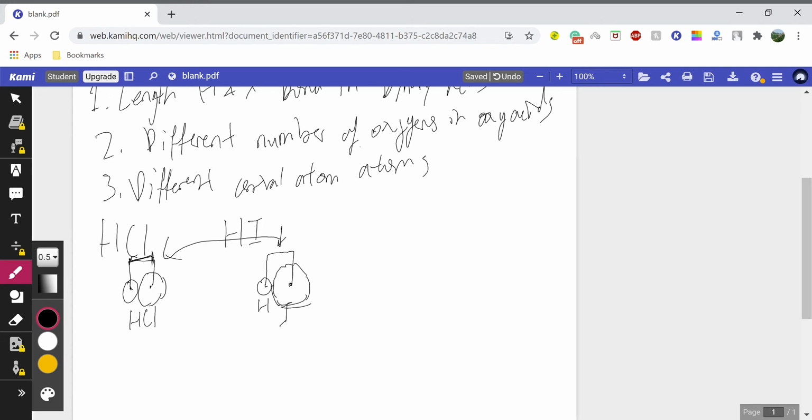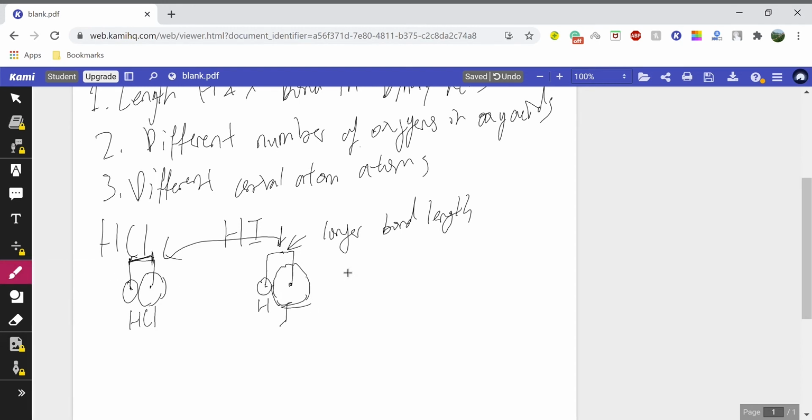And the longer the bond length between the H and the X, the weaker the bond. Right? Because it's longer, it has less attraction from the nuclei, and the bond is weaker. Now, a weaker bond means it's easier to remove the H+.